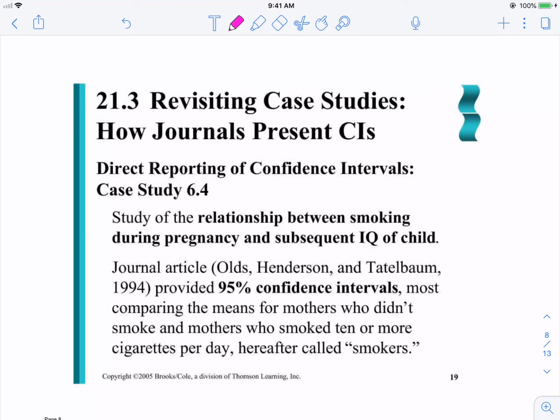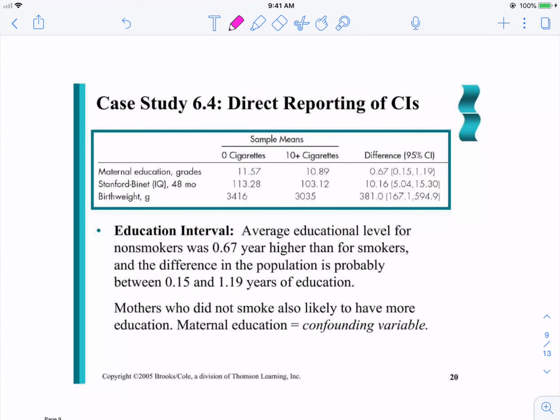In the research that these scientists did, they used 95% confidence intervals, almost all of them comparing the means for the mothers who didn't smoke and the mothers who smoked 10 or more cigarettes per day. We're just going to refer to them as the smokers.